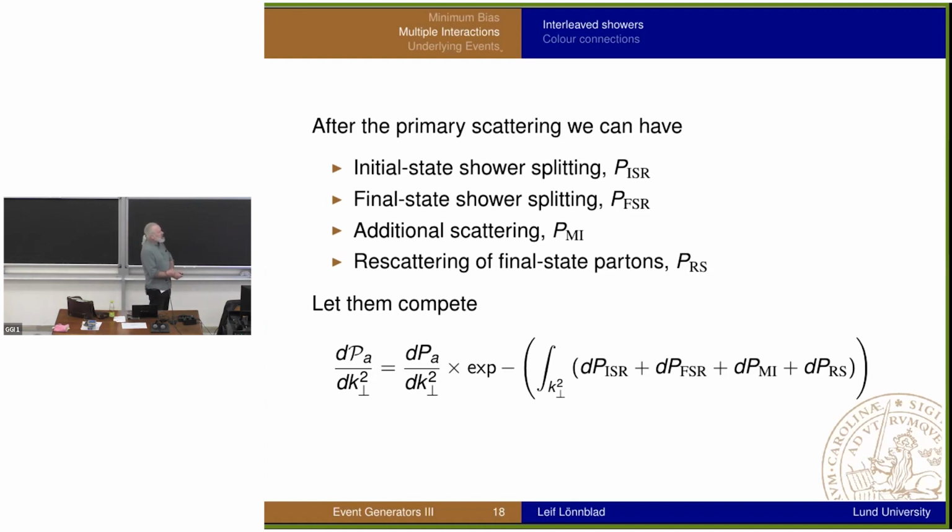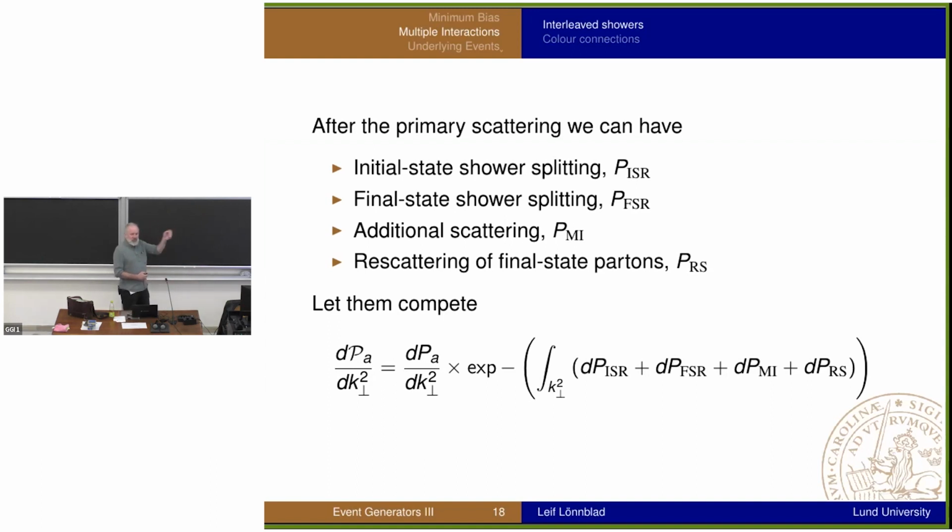There is a rescattering of final state partners that is turned off by default, but you can include it if you want. So what you do is you just ask a final state shower, okay, what do you want to do next? Oh, I want to do this. Give me a KT. And then you have the final state shower, so, oh, I will split the gluon here at another KT. And then multiple interaction generates a possible new scattering at some PT.